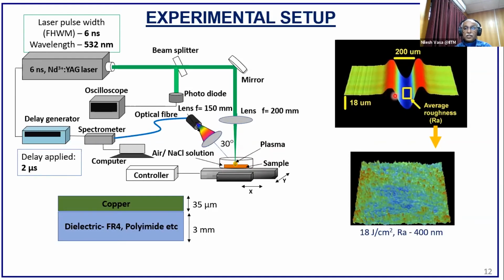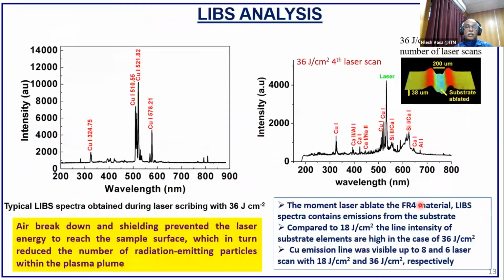The red region is nothing but the redeposit region, the material which is getting ablated or recast to a certain extent, or it forms a crater. And this part is the texture of this laser scribed region, which shows surface roughness of the order of sub-micron level.